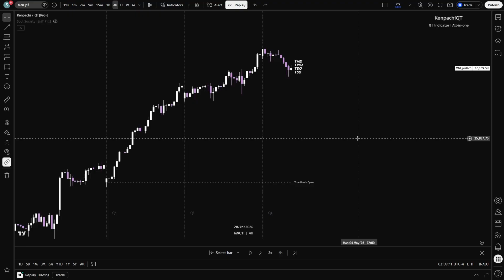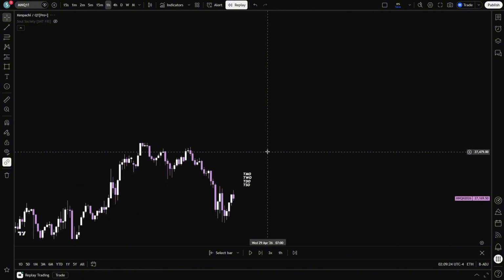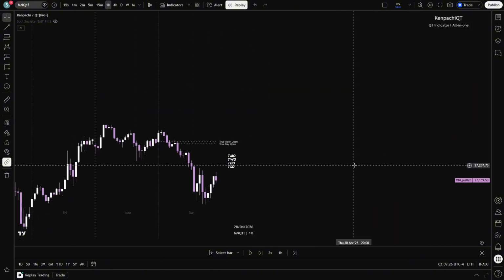So for example, with the true month open below, we are in an extreme premium zone. If you go to the 1 hour time frame and we are above, or in our case below, the true week open, we are in a high discount zone. So we're going from the higher time frame to a lower time frame and identifying the high time frame candles, the same logic but with true opens.